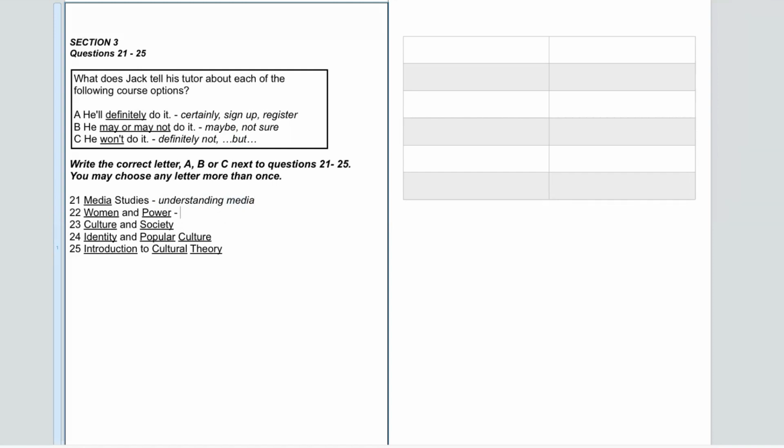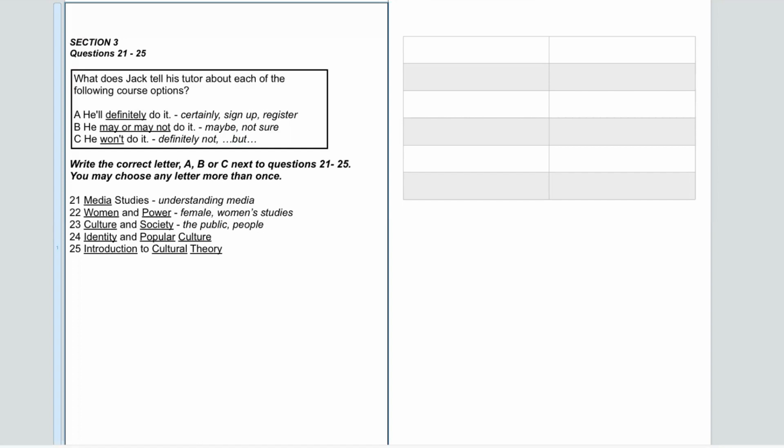So another way to say women could be female, and another way for women and power, you could also say women's studies, like I said earlier. That's why studies in number 21 isn't necessarily underlined. Let's go ahead to number 23 and think of some synonyms. For culture, a synonym here could be perhaps the public. This could also work here for society. And people would also work for society.